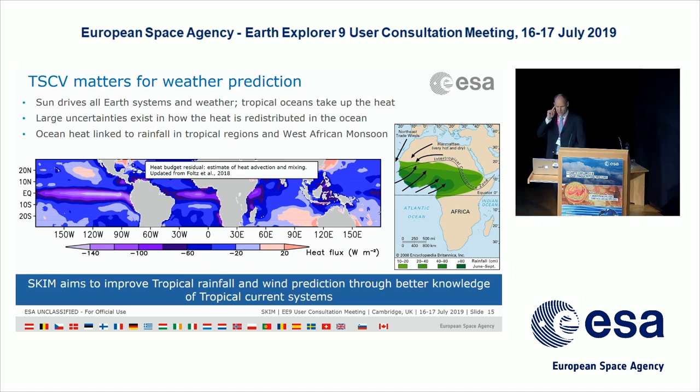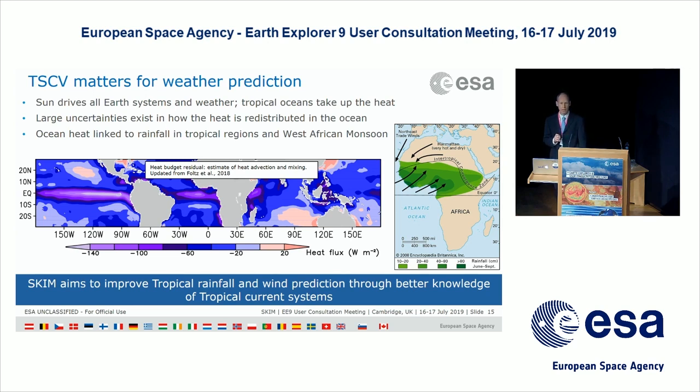So this is particularly important for predicting rainfall in Africa, where populations are often reliant on agriculture and therefore vulnerable to drought. So SKIM will enable improved quantification of equatorial heat budgets, near surface advection, and therefore improve our ability to predict surface winds and rain, both over the sea and over land.